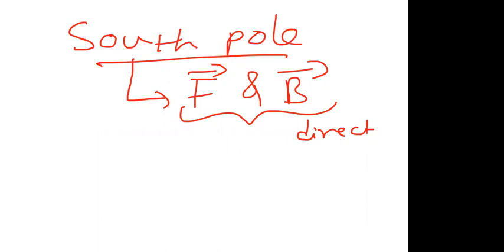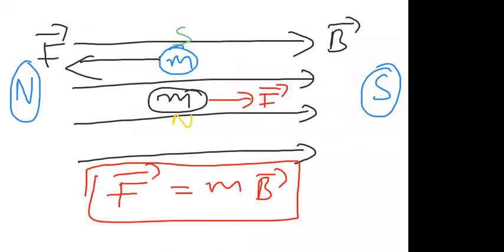Here in the diagram, this is the south pole with pole strength M. It is attracted towards the north pole. In magnetic field lines, north and south are not marked; we have to imagine them. How?